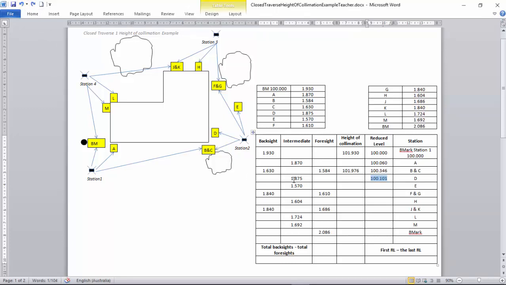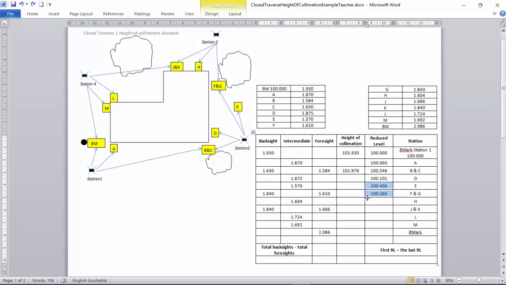Then we take our 1875 away from our 101.976, and that's our answer there. We then do the same with the next two figures. We take our 1570 and our 1610 away, and they're the two answers we get.